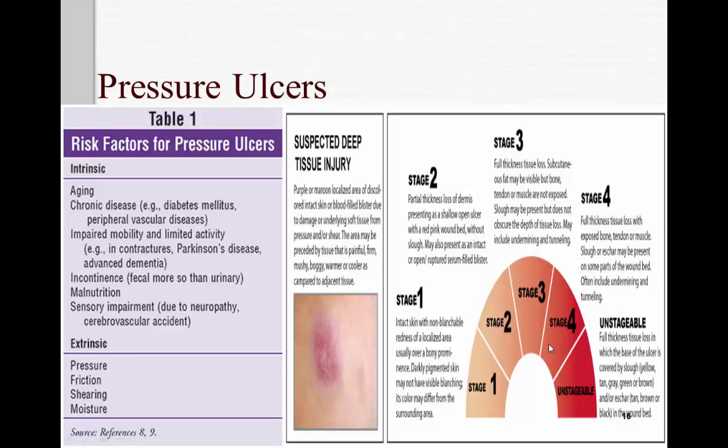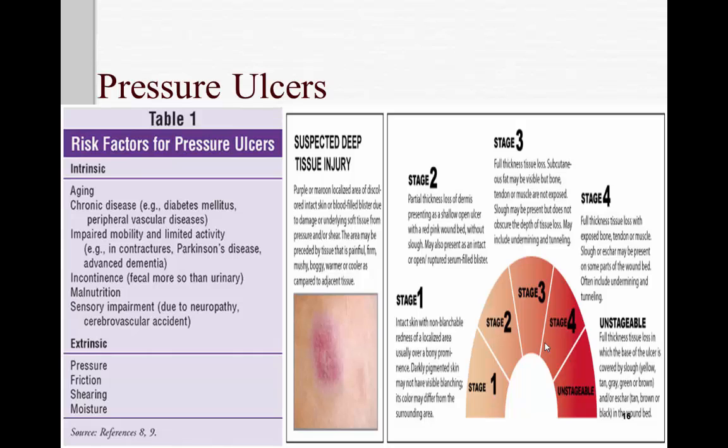Now let's talk about pressure ulcers. Pressure ulcers are areas of necrosis and ulceration where tissues are compressed between the bone prominence and hard surfaces. They're caused by pressure in combination with friction, aging, shearing forces, moisture.